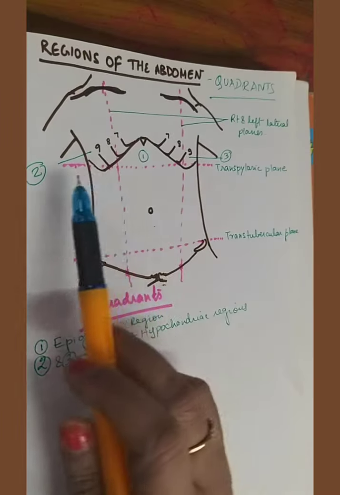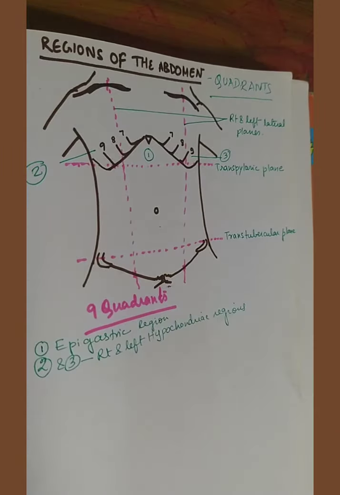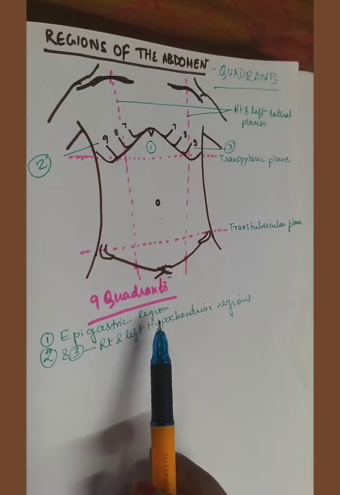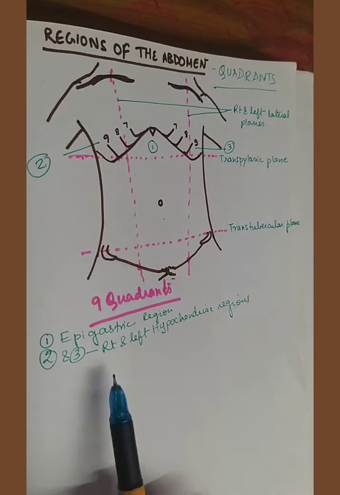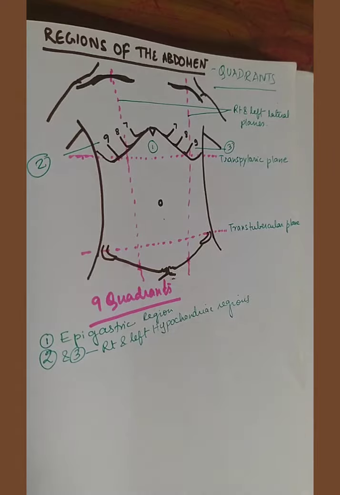So in the upper zone we have 3 regions, the epigastric in the middle and the right and left hypochondriac regions on either side.